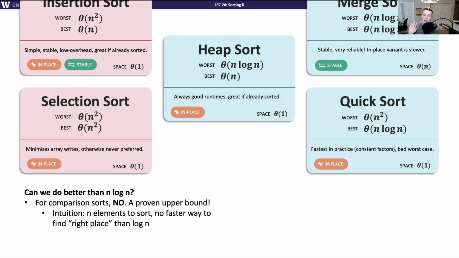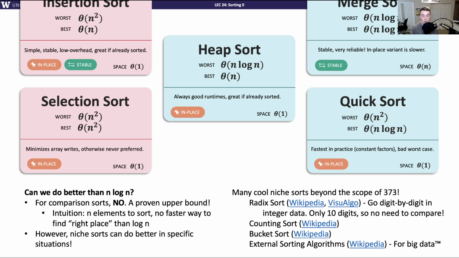Now, I do have to put a bit of a disclaimer because every time we talk about this, someone always brings this up. Yes, there are sorting algorithms that are faster than n log n, but they're not comparison-based sorting algorithms. They're these niche algorithms that I described in our first sorting lecture. They're really cool sorting algorithms that take advantage of other properties of data that can circumvent this n log n barrier.